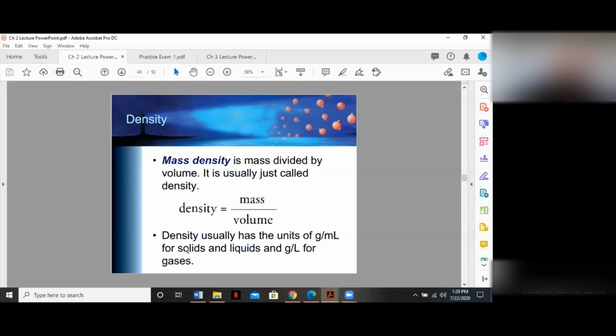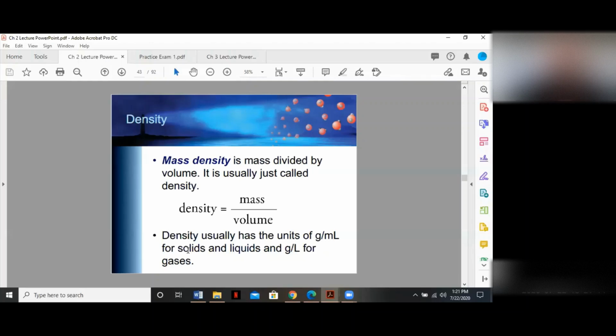Because you're going to need a volume of 1 liter in order to get a useful number that is easy to write, easy to read, easy to visualize. Otherwise, if I want to report it in gram per milliliter, it will be a very, very small number.